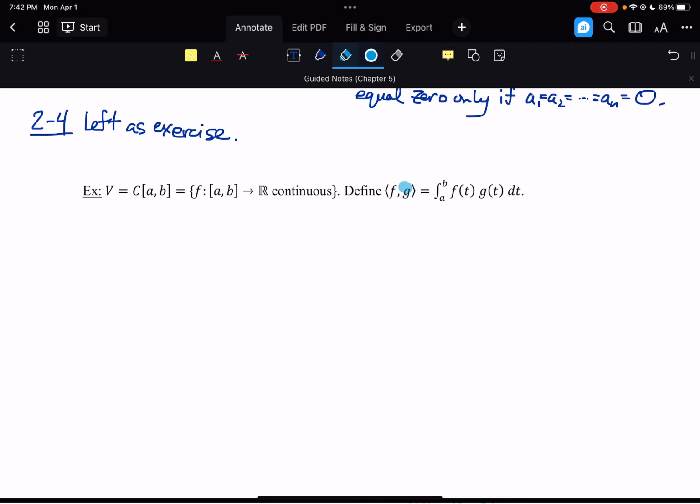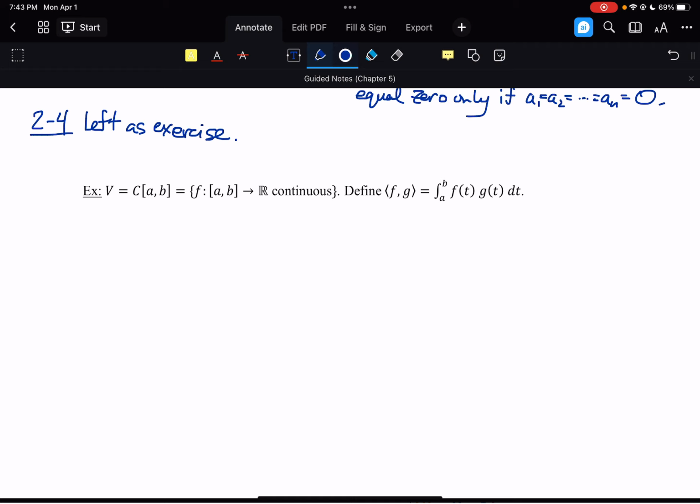Define the inner product of any two functions f and g within this vector space using this integral. If we want to evaluate the inner product of two vectors, we would run those vectors through this integral on that interval from a to b, and we would get out a numerical value. And that numerical value is the inner product.